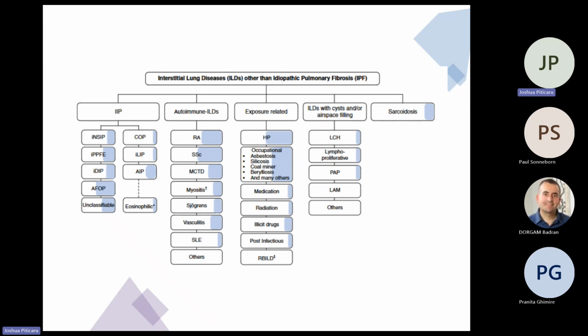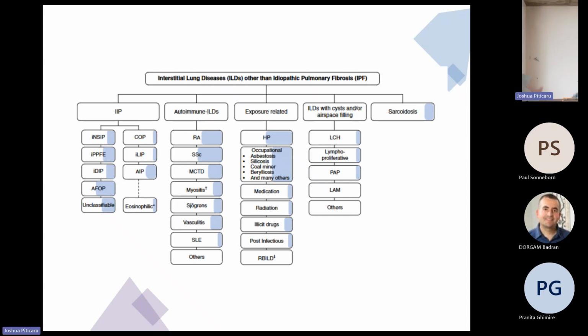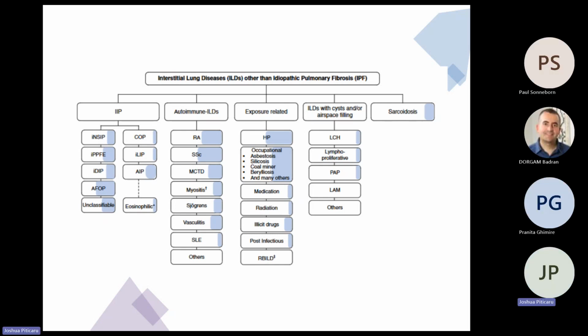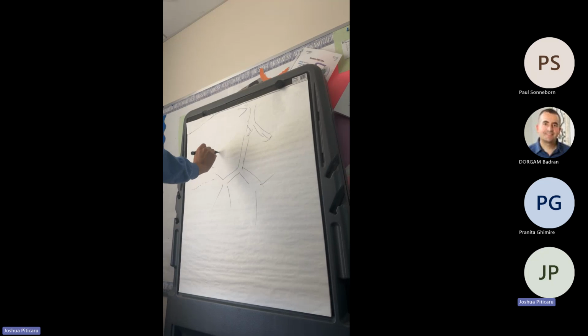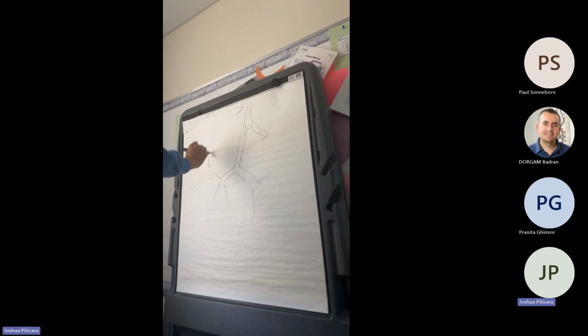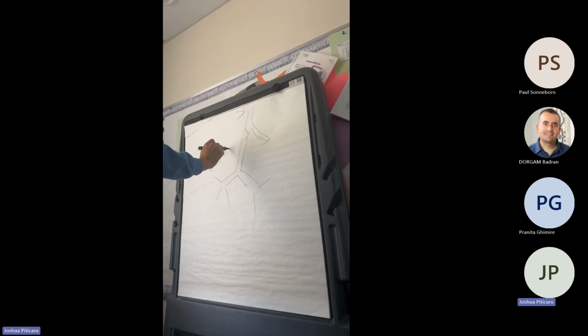So mouth, nose, upper airway, stomach, epiglottis, vocal cords, trachea, bronchi, right upper, middle, lower, left upper, lower. And 23 generations later, the first 16 of which are non-participatory in respiration, so that's essentially dead space.